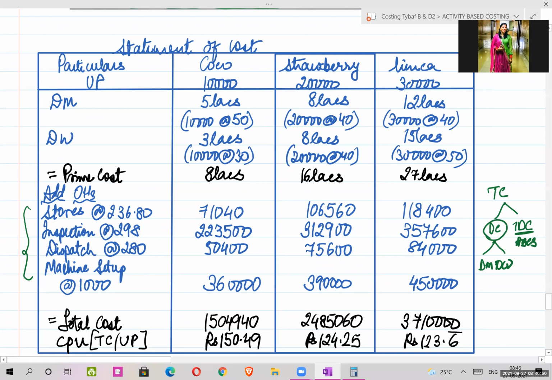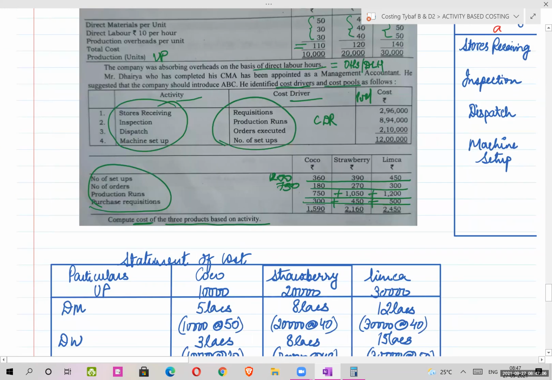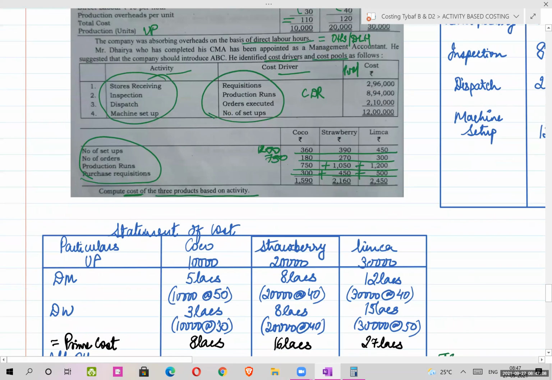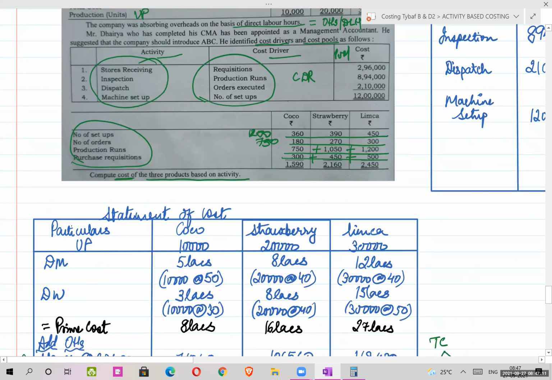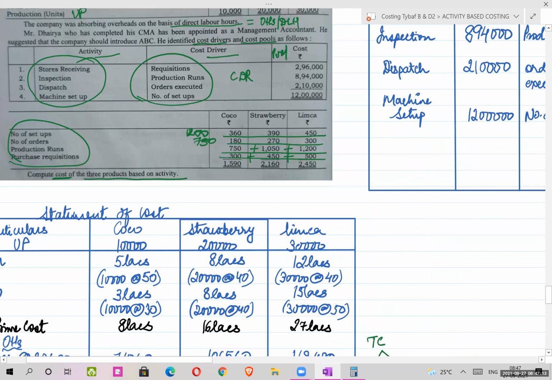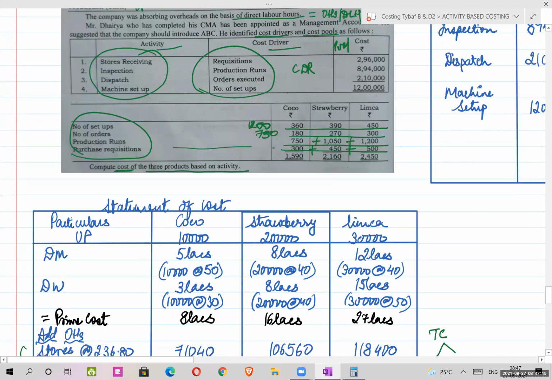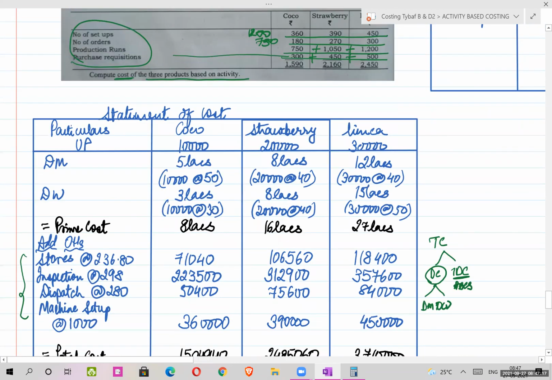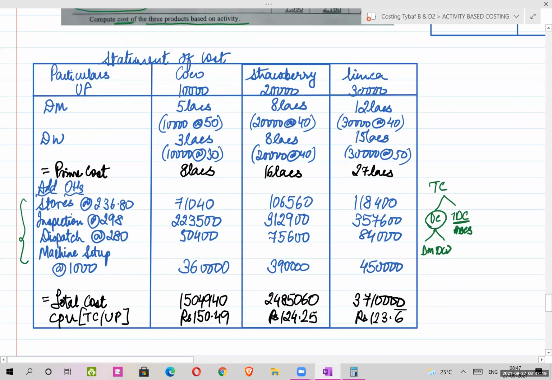So what was your cost driver rate? 236.8. Multiplied with, first one was what? Requisition. So requisition is what? 300, 450 and 500.